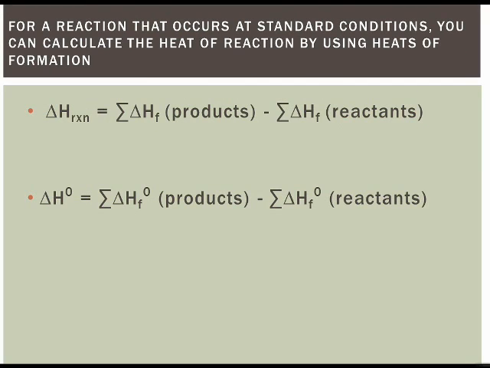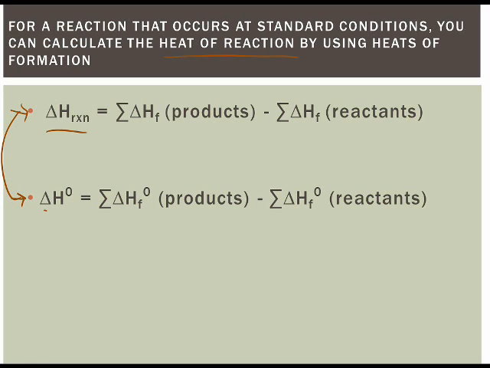For a reaction that occurs at standard conditions, you can calculate the heat of reaction by using the heats of formation. Now, these two equations are the exact same thing. Sometimes you will see it written like this and other times like this, but they're the same thing.